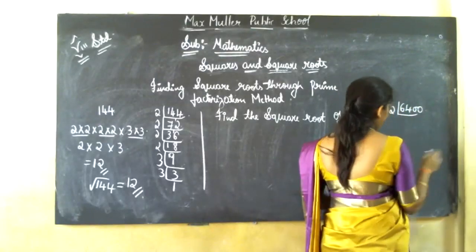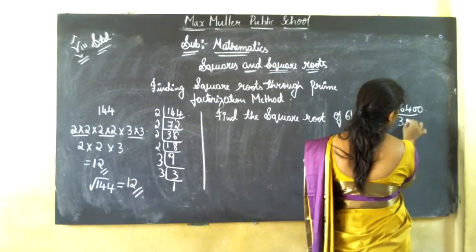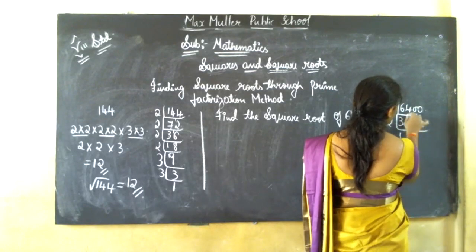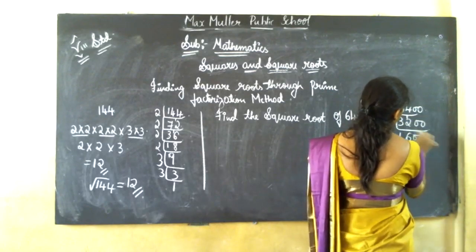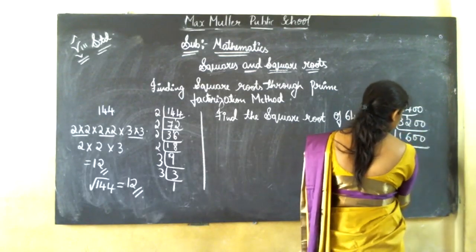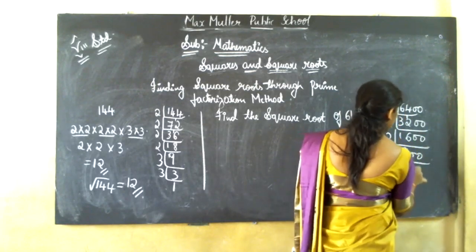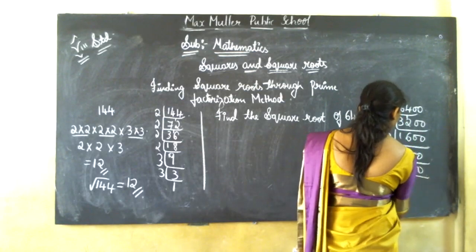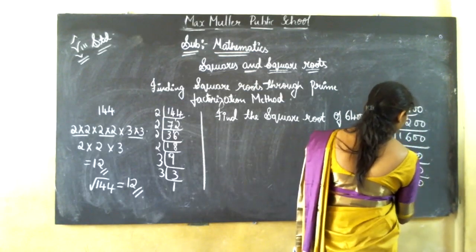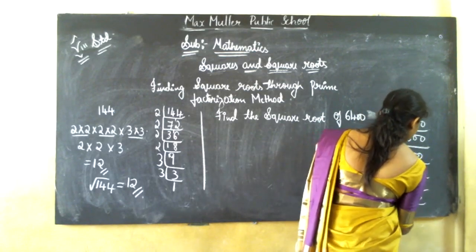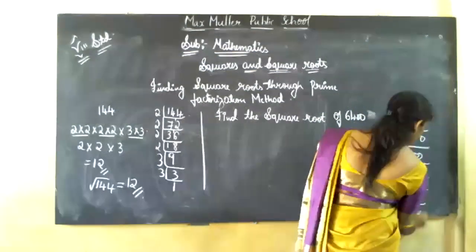So first, from the lower number you have to do 2 3s are 6, 2 2s are 4, 0 0, 2 1s are 2, 1 carry, 2 6s are 12, 0 0, 2 8s are 16, 0 0, 2 4s are 8, 2 2s are 4, 2 1s are 2, 2 5s are 10, 0.